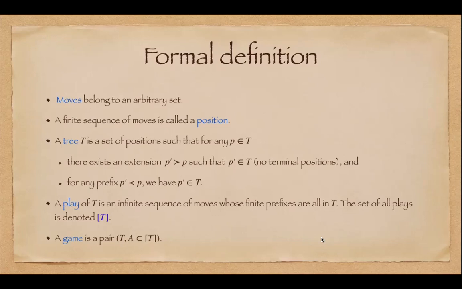So it's an infinite branch of the tree, and we denote the set of plays by T with square brackets around it. And a game is just a pair, a tree and a subset of the plays, which we call the winning set. We usually denote the tree by T and the winning set by A. The meaning is that player 1 wins if the play is in A, and player 2 wins if the play is in the complement of A.